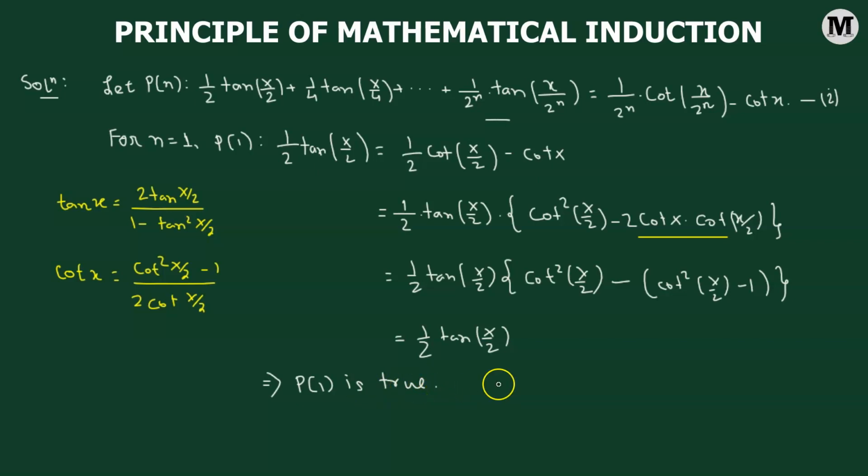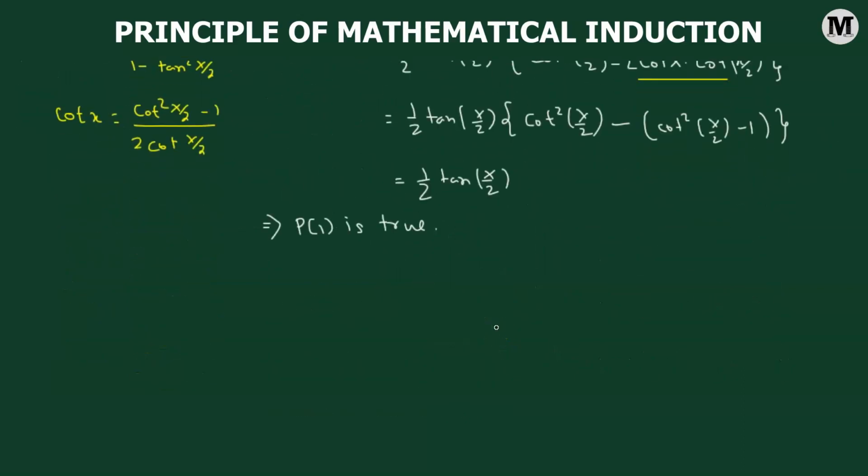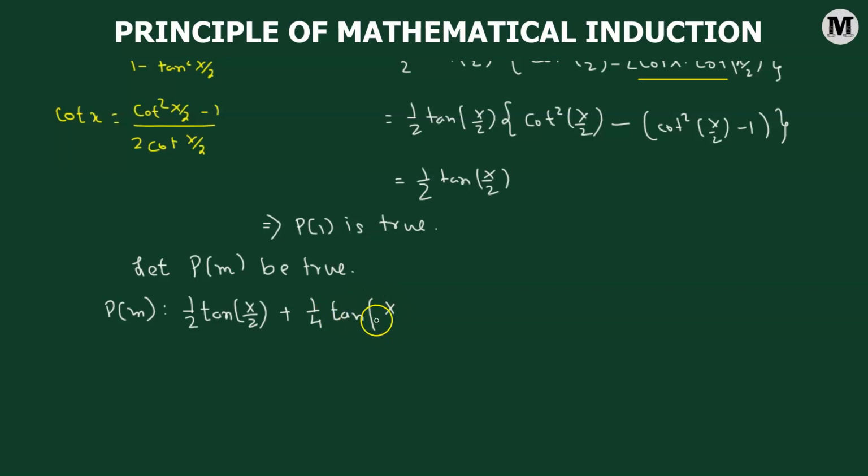Fine. Now that we have shown that P of 1 is true, we have to show that it is equally true for other natural numbers. We'll make an assumption here. Let P of m be a true statement. Now what is P of m? We already have the statement P of n. So P of m is given by half multiplied to tangent of x over 2, that's the first term, added to 1 over 4 multiplied to tangent of x over 4.